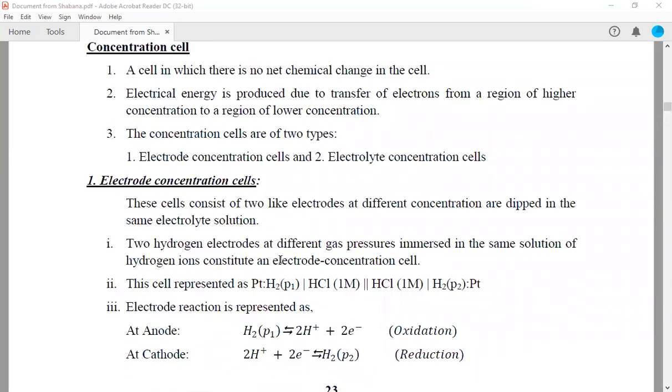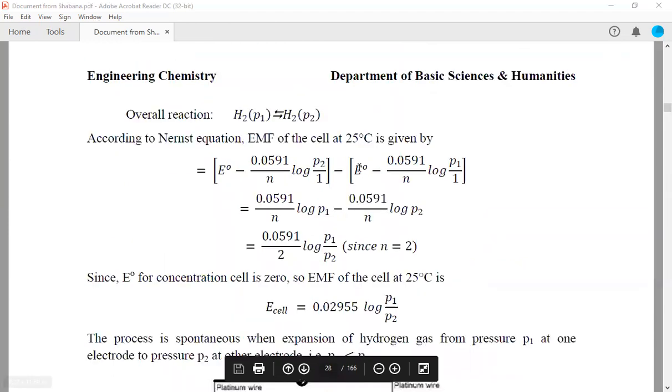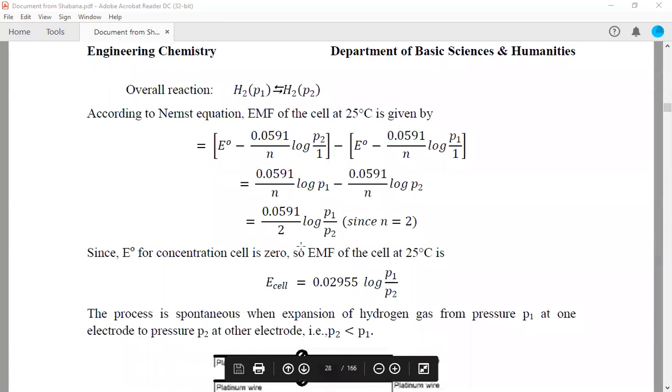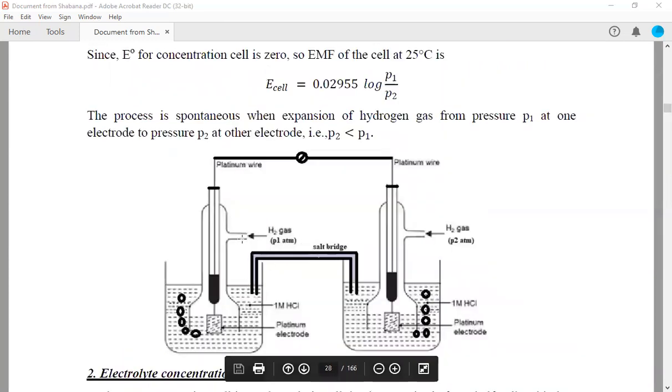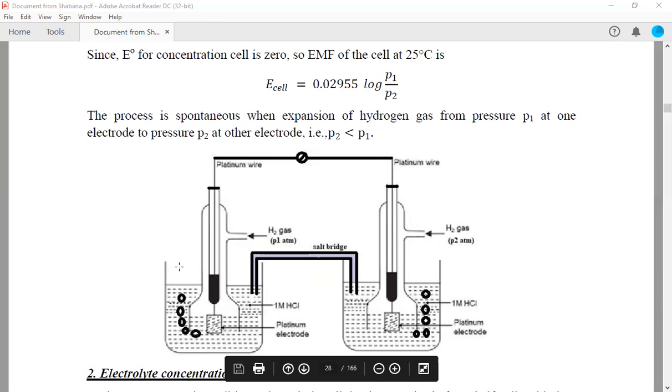See here, 2 hydrogen electrodes at different gas pressures are taken. By passing the hydrogen gas at 1 atmospheric pressure, the gas will be liberated into the solution, where the HCl solution ionizes into H plus and Cl minus ions, and the H2 gas will be liberated out.